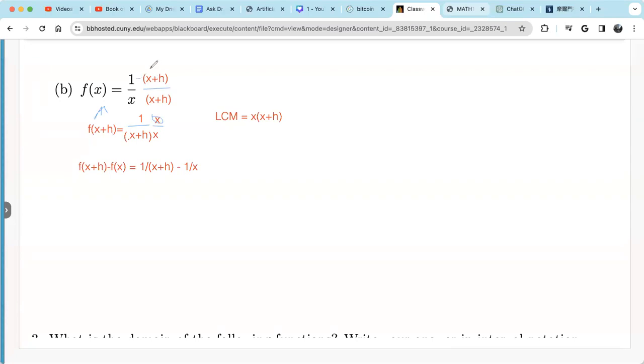So x minus x is gone. Those two become 0. Then we just have minus h. So after the calculation, we are left with negative h over x times x plus h. So in the numerator, we have negative h. In the denominator, we have x times x plus h.